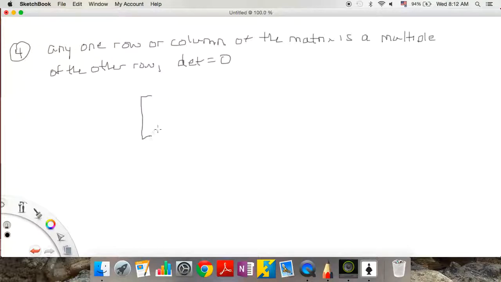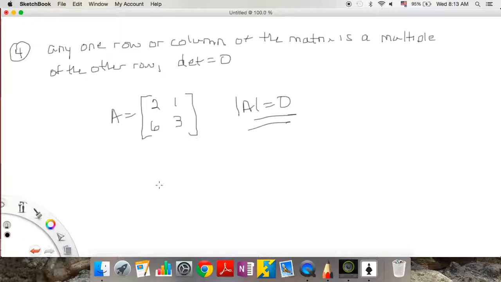So for example, if we have this matrix here, 2, 6, 1, 3, okay, this column here is a multiple of this one, or they can be multiples of each other. This one is this one times 2, or this one is this one times a half. So that means that the determinant, if this is A, then the determinant of A has to be 0. You can see this, 6 minus 6. Okay, so if you have any one row or column of a matrix is a multiple of the other row, then the determinant is equal to 0.